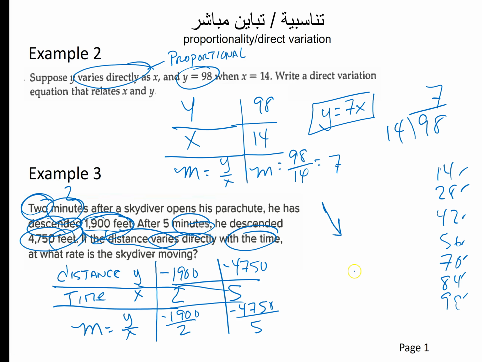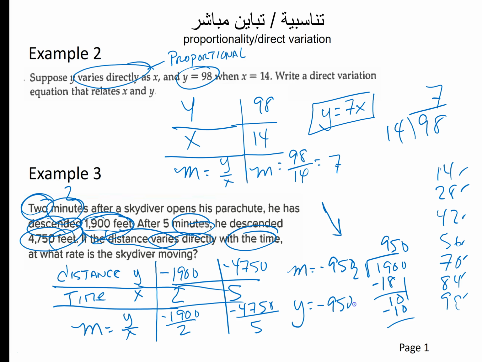If I take those and divide them real quickly, 1900 divided by 2 is 950. So my slope must be negative 950. So my equation must be y equals negative 950 times x.